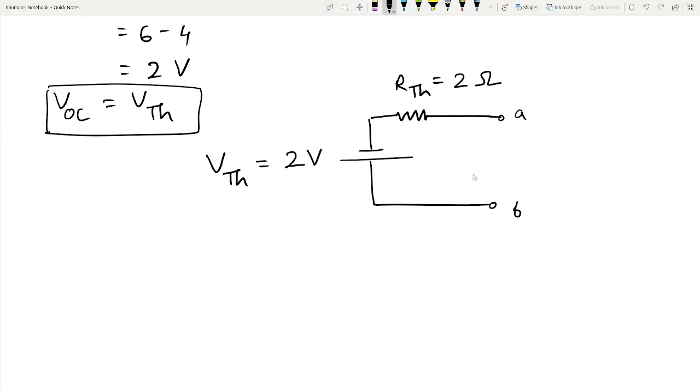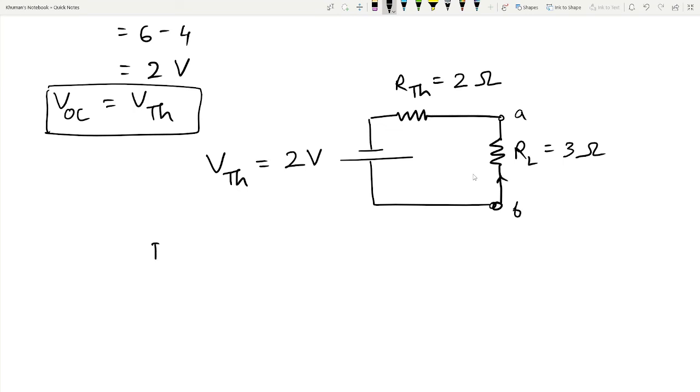Now we will reconnect the load resistance, that is RL. So RL value is 3 ohm. Now we will find the current flowing through it. So current will be in this direction.